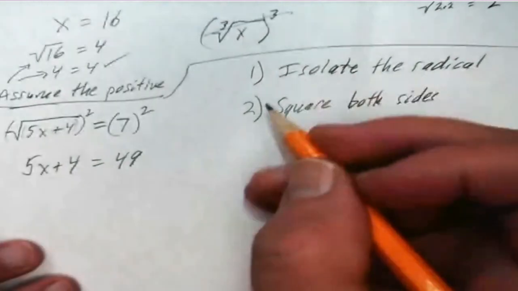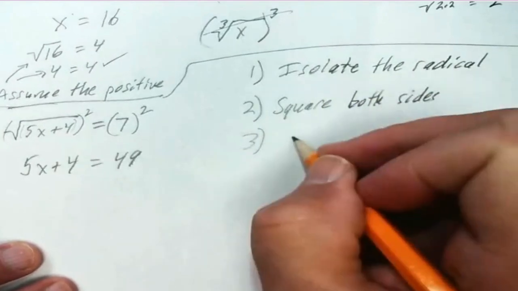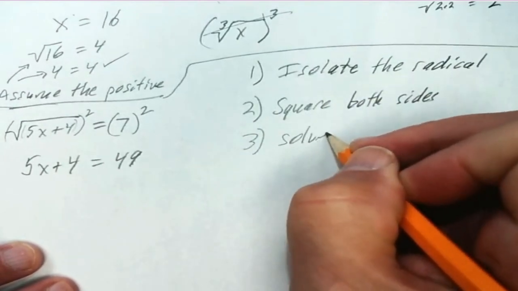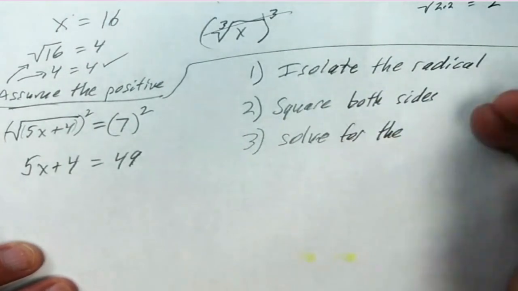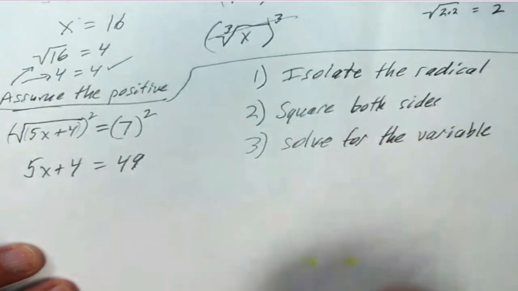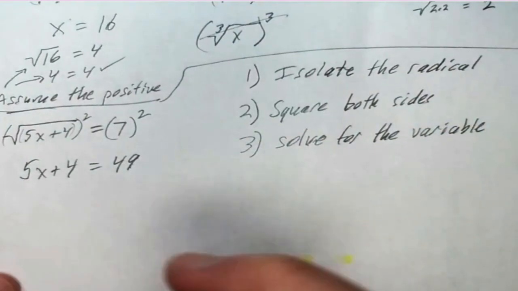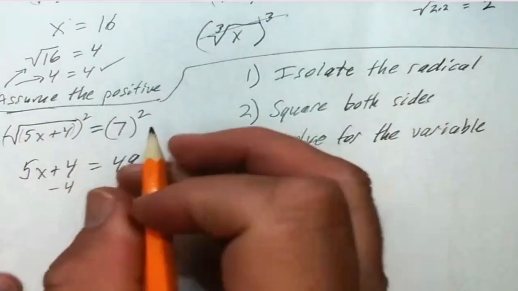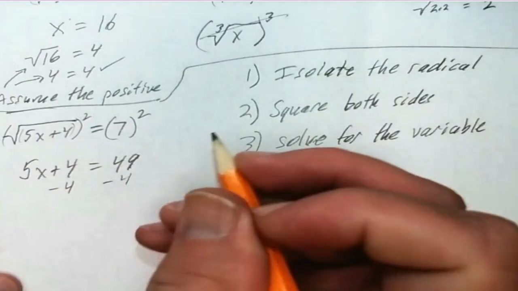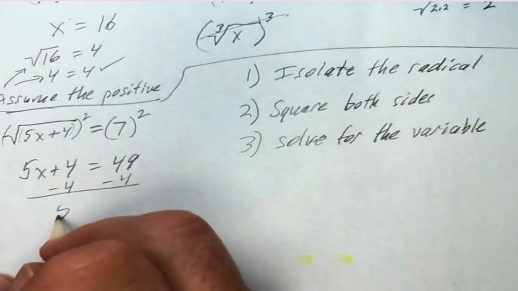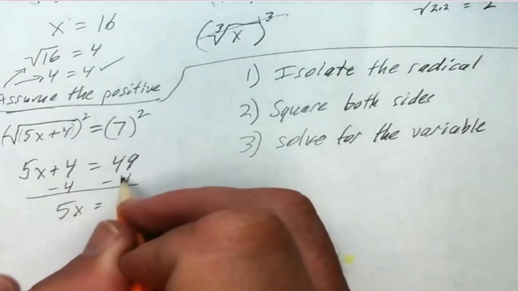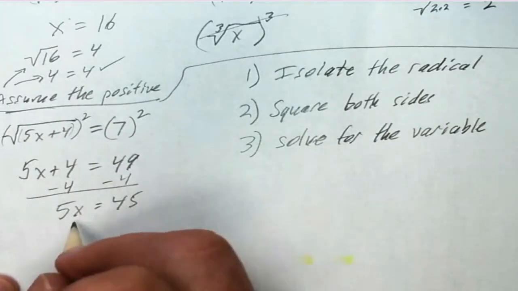Okay. The third step is to solve for the variable, in this case x. So we move the 4 over. 5x equals 45.